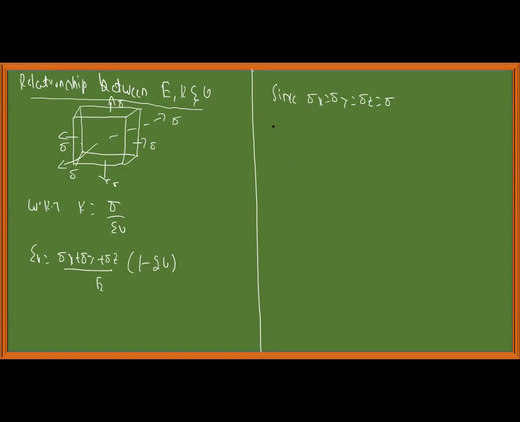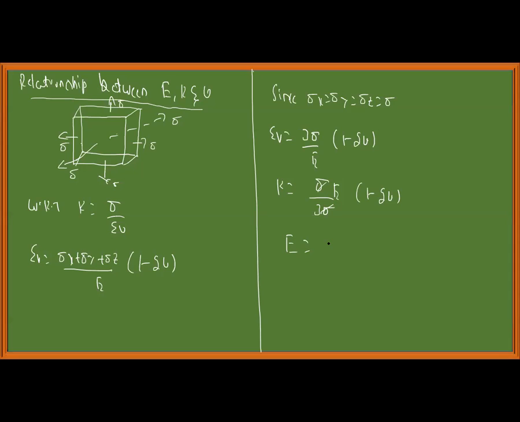I can replace epsilon v is equal to 3 times sigma by E into 1 minus 2 nu, or K is equal to sigma by 3 times sigma by E into 1 minus 2 nu, or E is equal to... have I made any mistake? Sorry, this is in the denominator.